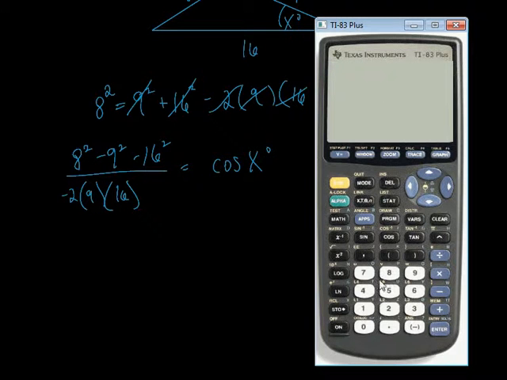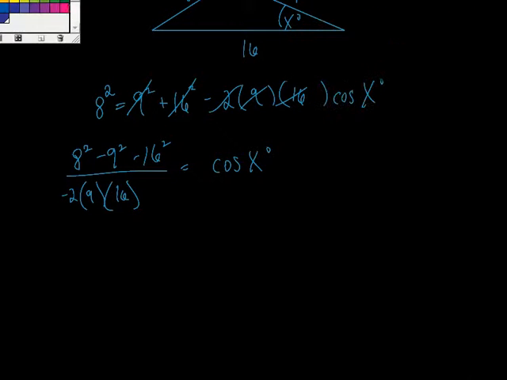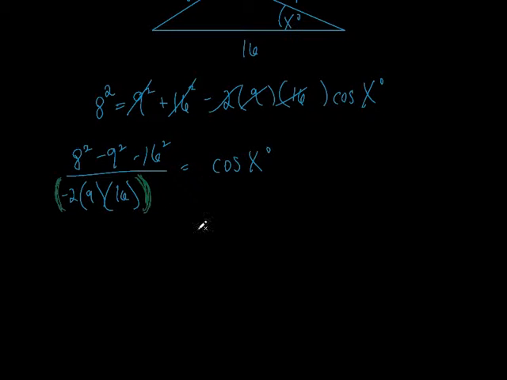So here we go. Let's do it. 8 squared minus 9 squared minus 16 squared. Divided by. Now watch. I'm going to put a big old parentheses right here. In fact, remember doing this? Put a parentheses right here, and then put a parentheses right here. That's one big parentheses.